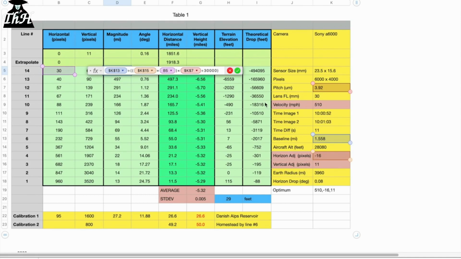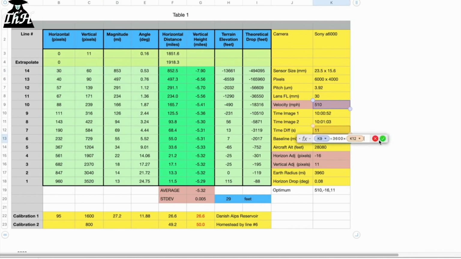And then I have these adjustments, horizontal pixel adjustment and vertical, just to fine tune, just in case I didn't pick the correct horizon. Of course, the pitch of the camera, I translate everything into an angle, and then I can get that magnitude in miles.